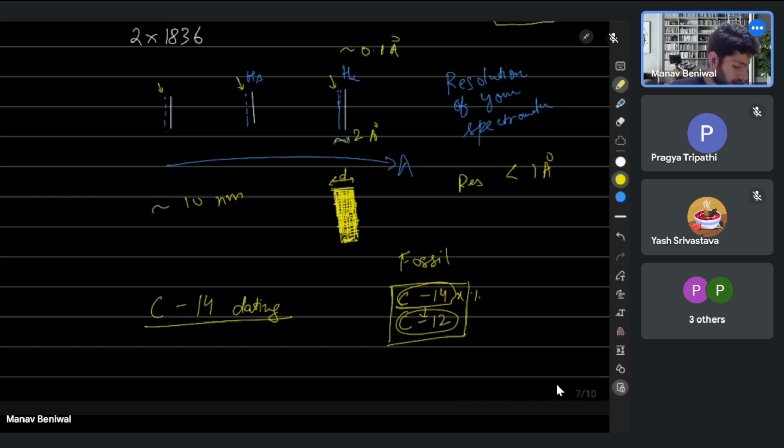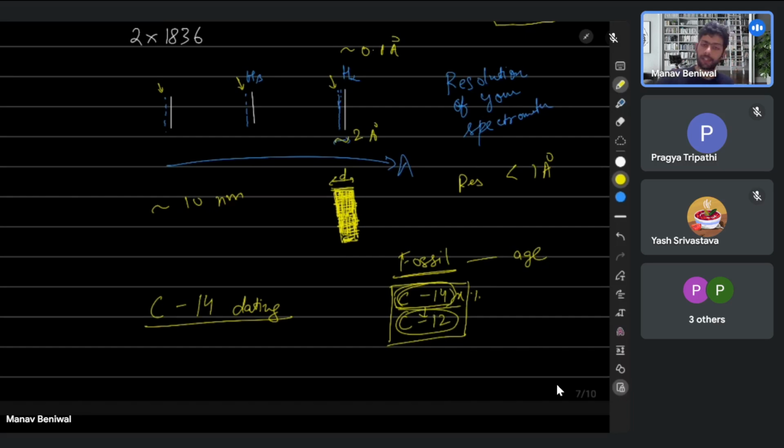And by knowing how much carbon 14 has decayed, you can get an estimate of how old your fossil is. You get the idea about the age of the fossil if you know the percentage of the two, carbon 14 and carbon 12.